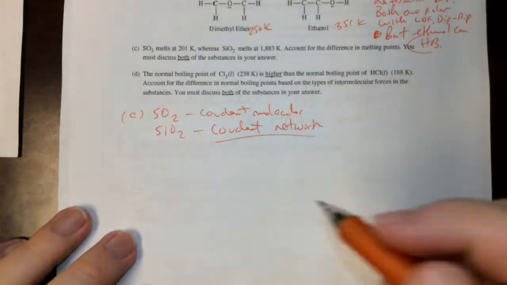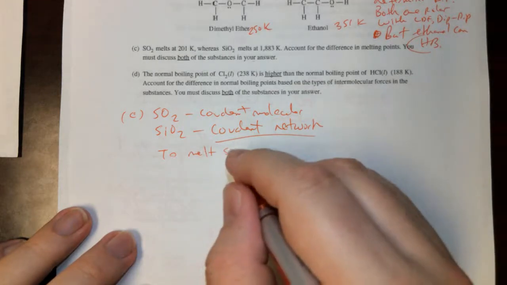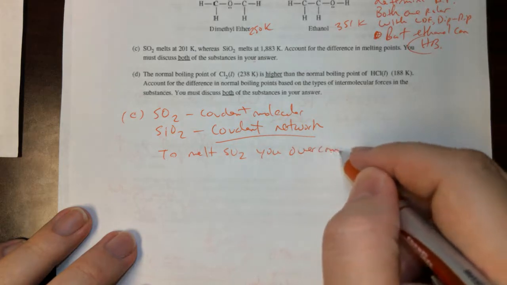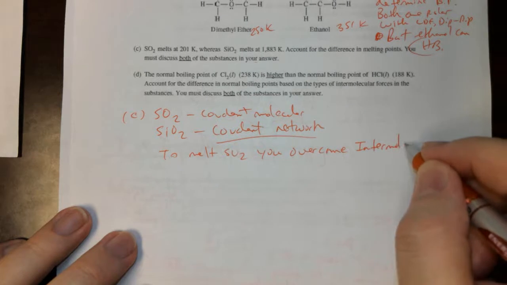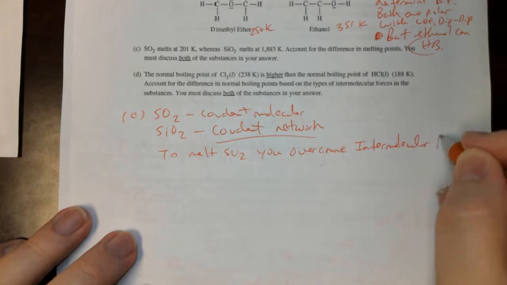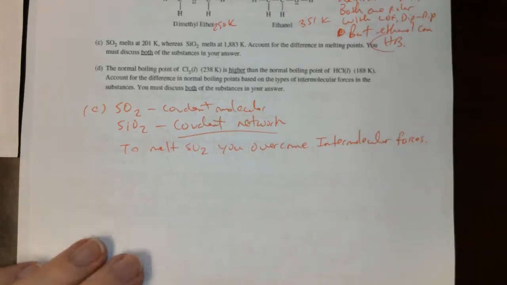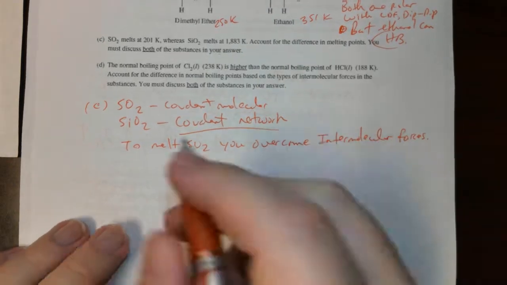Now you just kind of got to explain it away. So to melt SO2, you overcome intermolecular forces, it doesn't really matter what they are. They're going to be dipole-dipoles, but that's what you're overcoming.